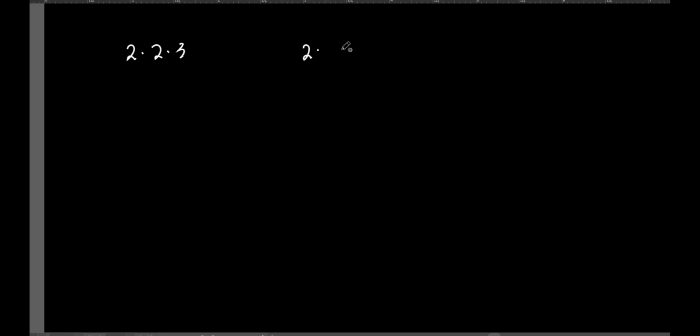Let's say I had 2, 3, 3, 5, and then let's say I have another one. So I've got 2, 2, 2, 3.